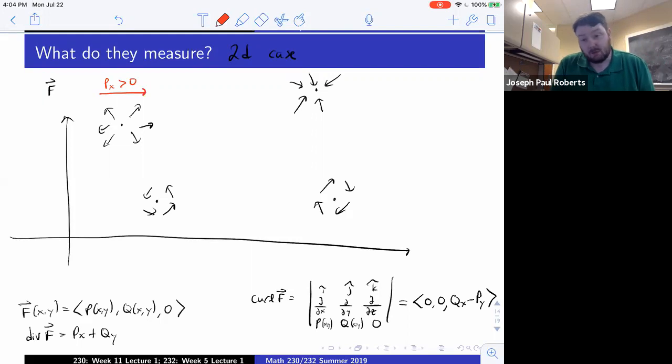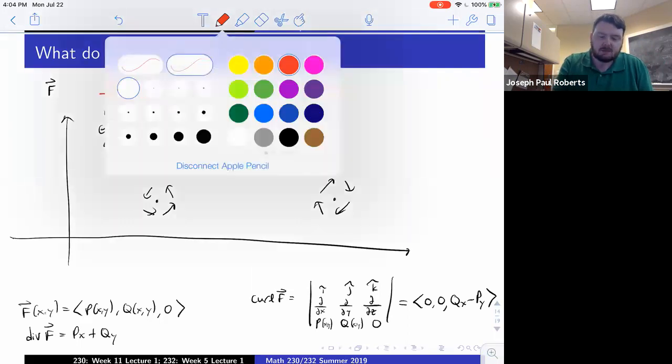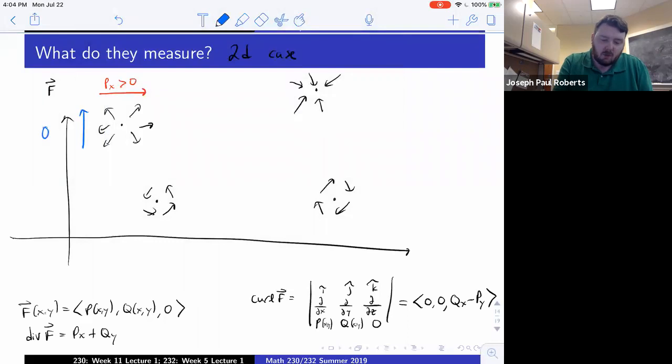Because when you're talking about Px, you're like, well, hold Y constant, what happens to P? And so our vectors are pointing to the left for smaller values of X, and then to the right for larger values of X. So Px seems to be positive here. And similarly, it looks like Qy is positive because the vectors are pointing down, then they're pointing up. So this region over here, this is sort of the stereotypical picture of positive divergence.